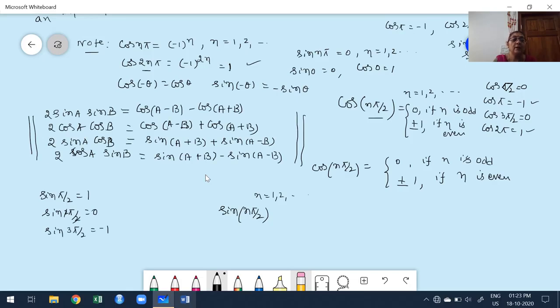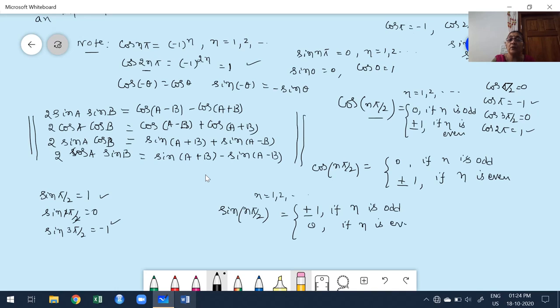Here in odd cases we get plus or minus 1, the opposite of cos n pi by 2. Even cases are 0. Therefore, sin of n pi by 2 is plus or minus 1 if n is odd, 0 if n is even.